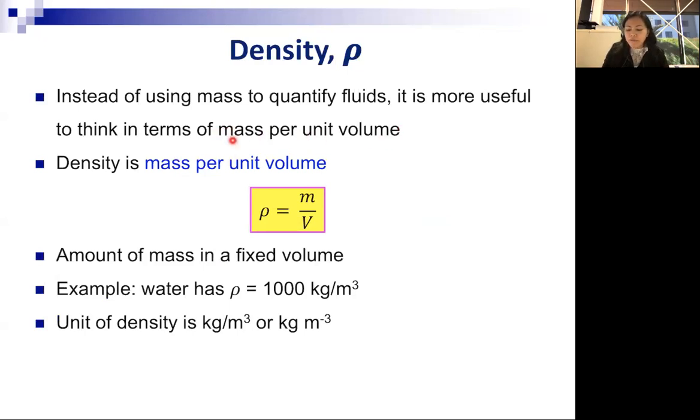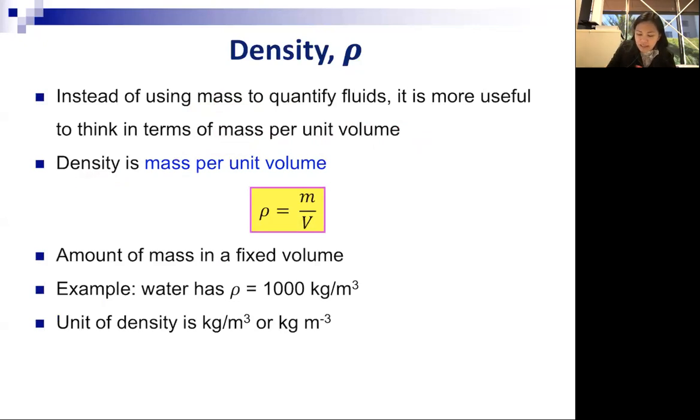Before, when we were talking about the object and the force exerted on the object, we considered the mass of the object, but that's because we were mostly talking about solids. But when we're talking about fluids, remember, you need a container to contain the fluid, and so you have this volume where the fluid is contained. And so instead of quantifying fluids in terms of mass, it's more useful to think in terms of mass per unit volume. And mass per unit volume is what is called density.